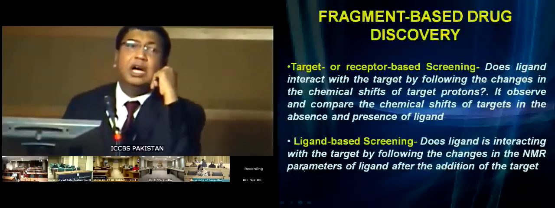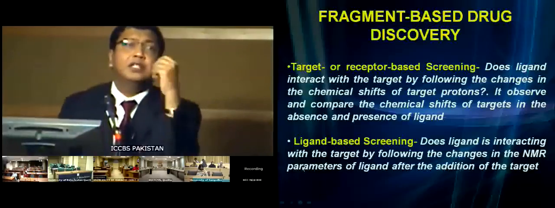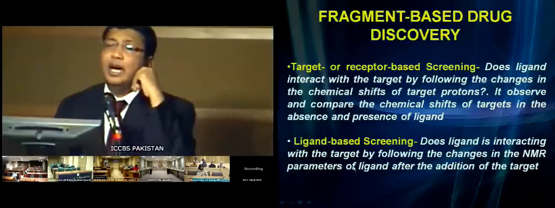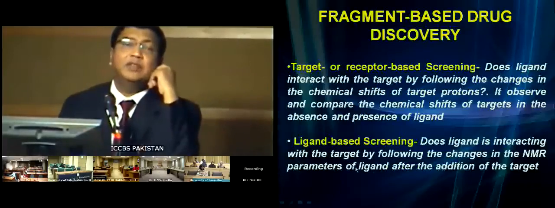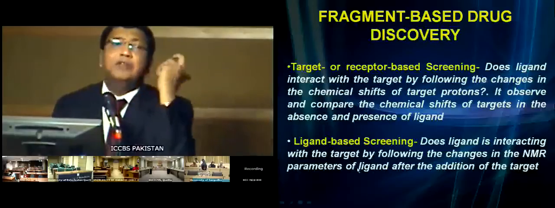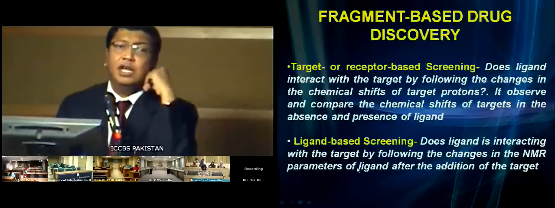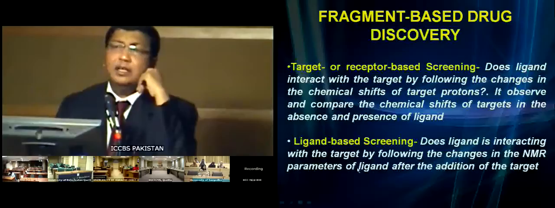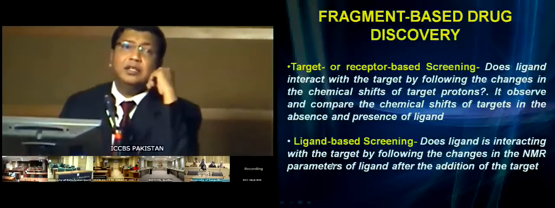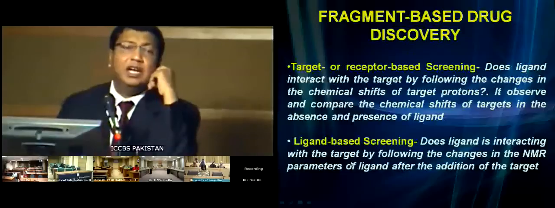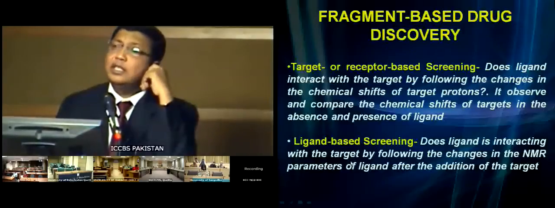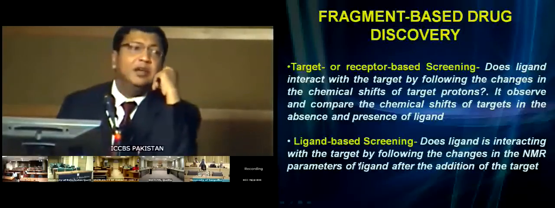So for example, I have an alpha glucosidase inhibitor, and I throw into this particular medium in which I have an enzyme 10 different compounds, 10 different ligands, and I discover that two of them are tightly binding because they have enhancement in intensity of the signal and change in the chemical shift.